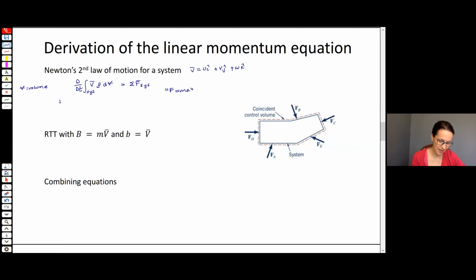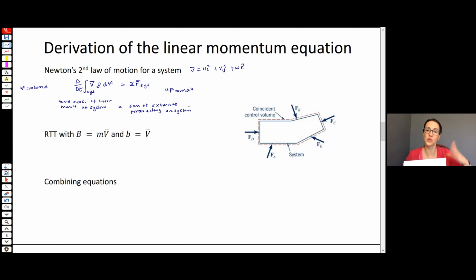So what does this say? On the left, it says the time rate of change of the linear momentum of the system is equal to the sum of the external forces acting on the system. And in a fluid, what's an external force?